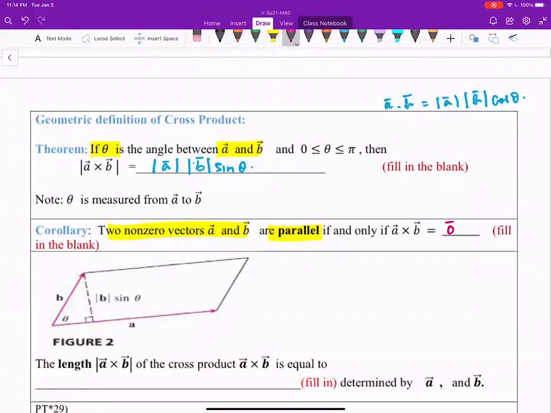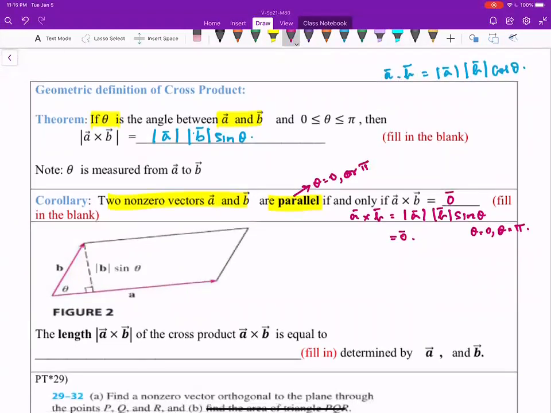The reason being, if the two vectors are parallel, then the angle between them is either 0 or pi, then A cross B would be length of A times length of B times sine of theta, where theta equals 0 or theta equals pi. So in either case, sine theta equals 0. That's why the two vectors are parallel if and only if A cross B equals 0.